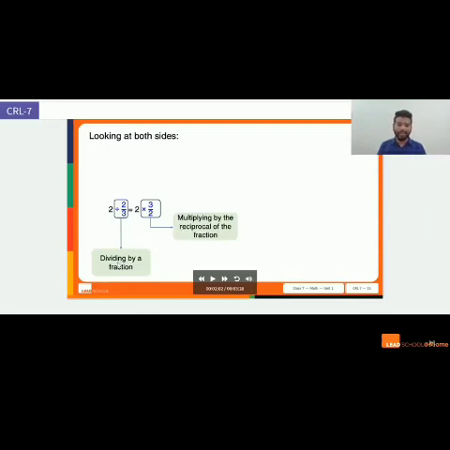Dividing by a fraction is the same as multiplying by the reciprocal of the fraction. So 2 divided by 2/3, instead of division, I will use the multiplication symbol, but I have to write the reciprocal of this fraction. I can't write the same fraction here.